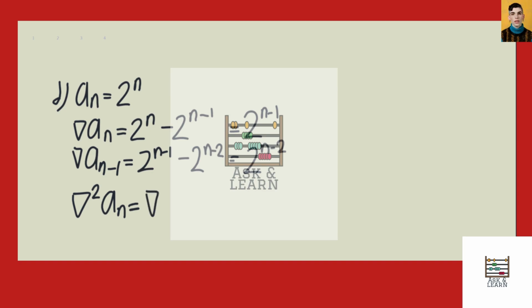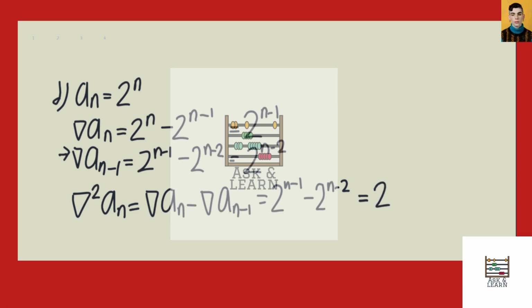So take our first difference of an minus our first difference of an minus 1, which is equal to 2 to the n minus 1 minus 2 to the n minus 2, which we actually just did, right? That's right here, the first difference of an minus 1. And so we can see that that's going to be 2 to the power of n minus 2.